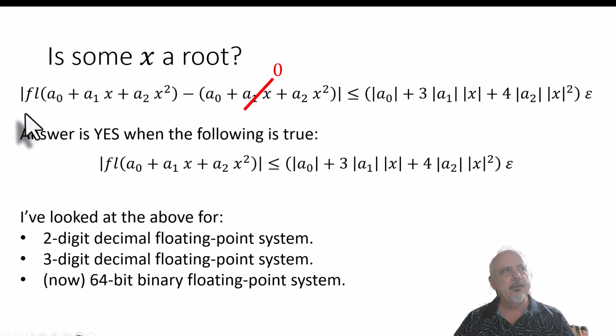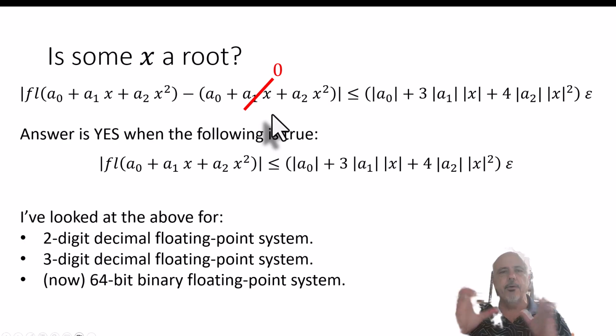We look at the absolute value of the absolute error. That's pretty tough to say, but that's what this is representing. There's a floating point calculation that we do, and then there's a true value that we have. And we want to know if the difference there is less than or equal to some bound.